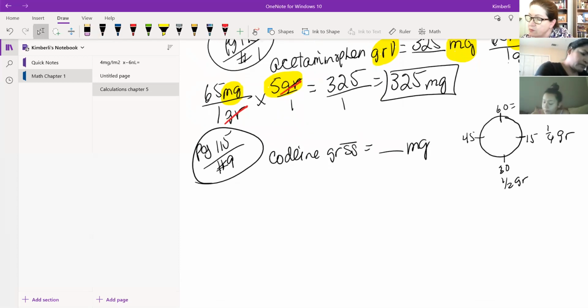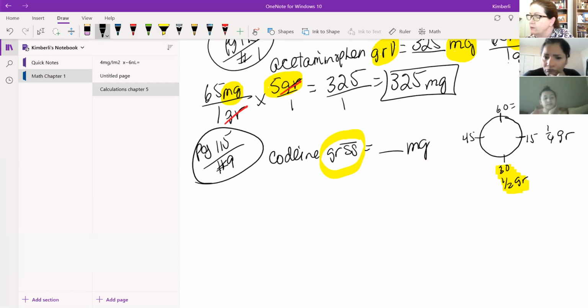So what does this mean here? GRSS. Is that half a grain? Yes, it's 1/2 grain. Very good. So 1/2 grain is going to be how many milligrams? Half, or do we write it 0.5?